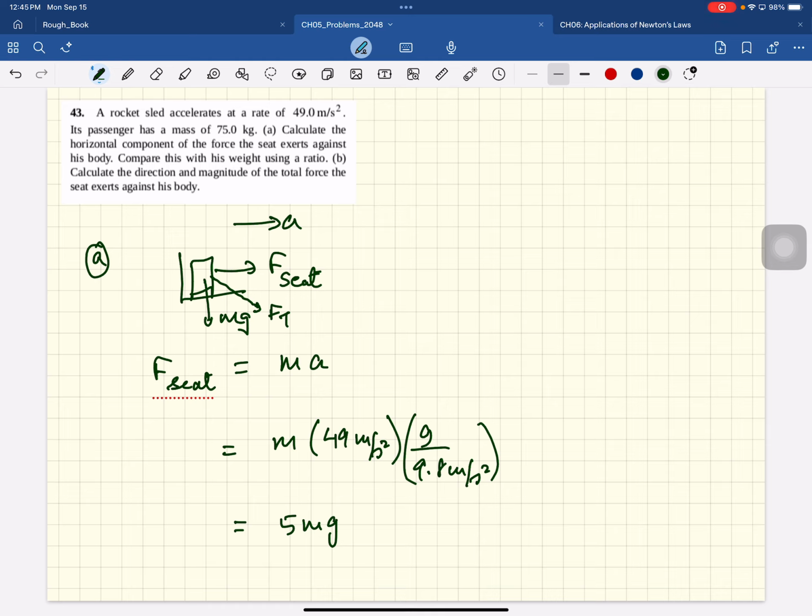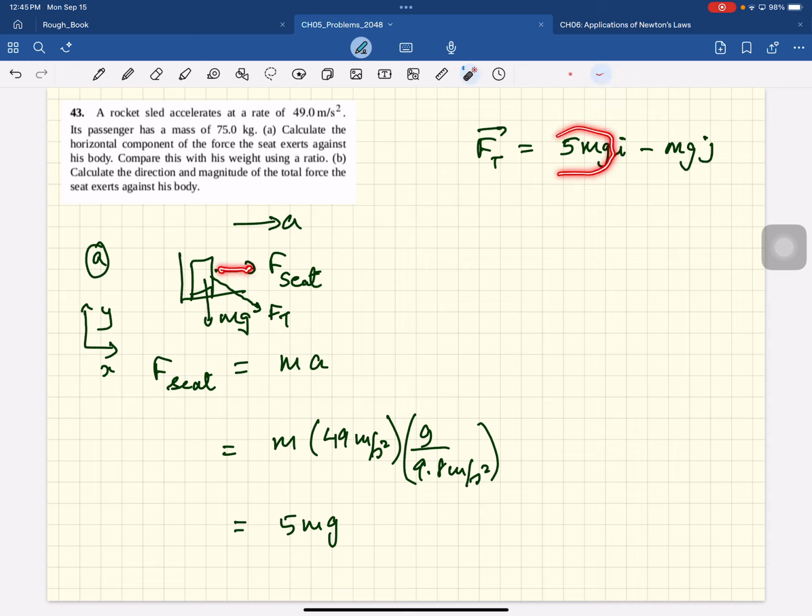Calculate the direction and magnitude of the total force. So let's say this is the x and y axis, the total force on him is 5mg i minus mg j. Did you guys understand that? That's the horizontal force that the seat exerts on him, and minus mg in the negative y direction.